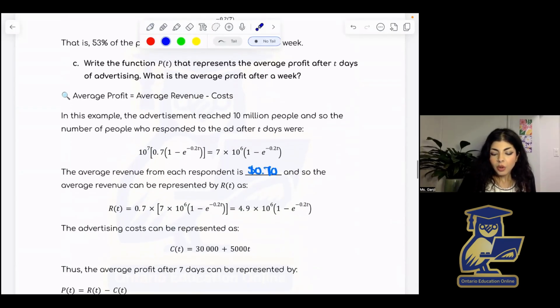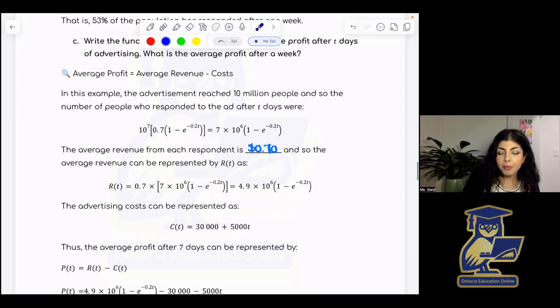Going back to here, consider if we keep this advertisement on indefinitely, then as t goes towards infinity, this goes towards zero, and 7 million people, 70% of the 10 million people, have responded to the ad.